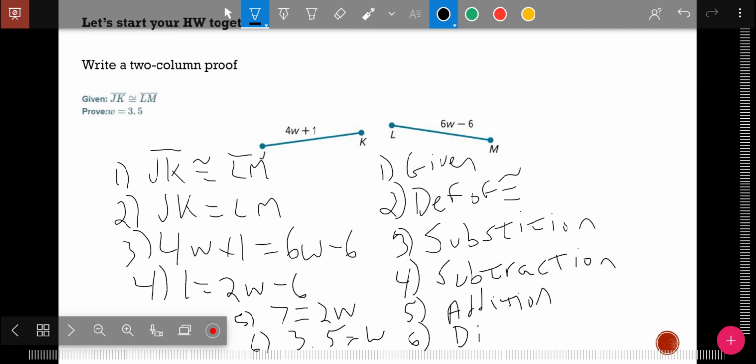I got that by division. Those are all properties, so it's the division property, technically. That's what I was trying to prove, so I know I'm done. Again, if you show your work, there are going to be a lot more steps to it, so you have to figure out the steps for yourself. But that is thinking through a 2-column proof.